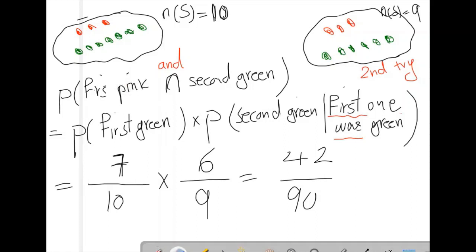So the probability of first is pink. The probability of second is green. Second one is green, given that first one was pink.